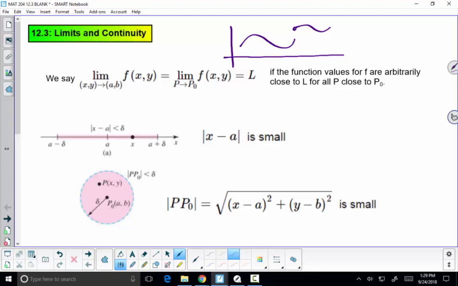Obviously, that function's not continuous. The idea behind continuity is that the limit and the value of the function are the same. That's what it means for a function to be continuous.